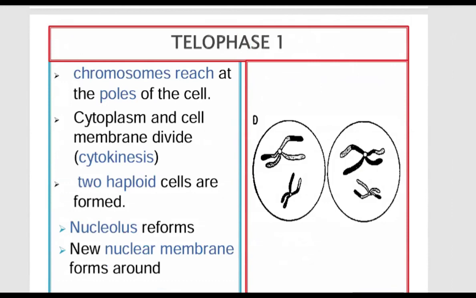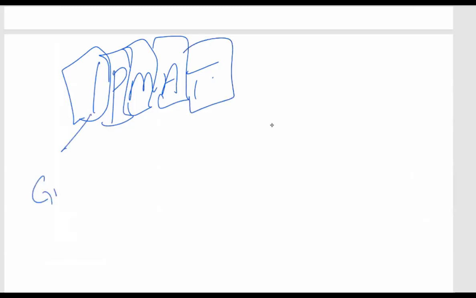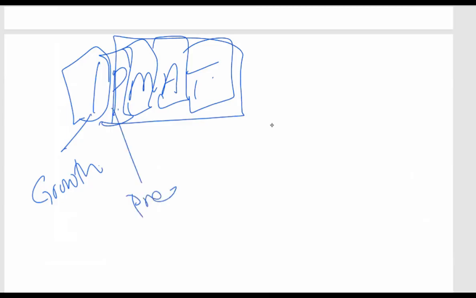When you say metaphase, what you need to know is IPMAT, isn't it? IPMAT: interphase, prophase, metaphase, anaphase, telophase. Interphase, I always call it the growth phase. That's when it's growing. And then this is the reproductive cycle. Prophase we call the preparation. They are preparing themselves.